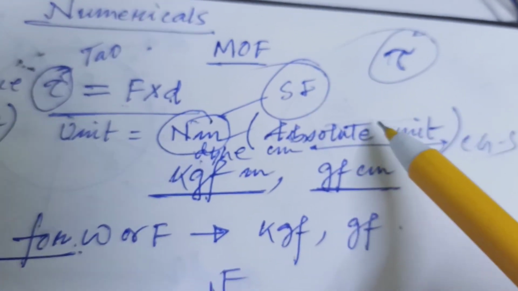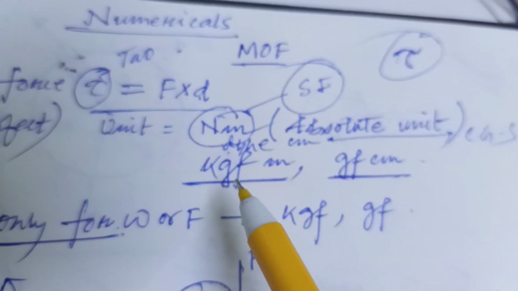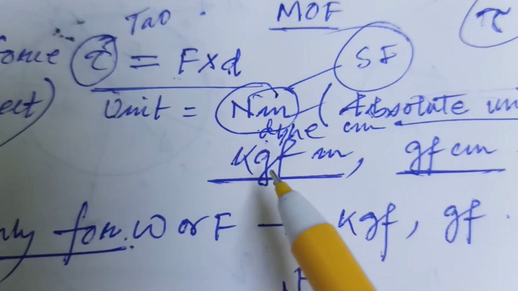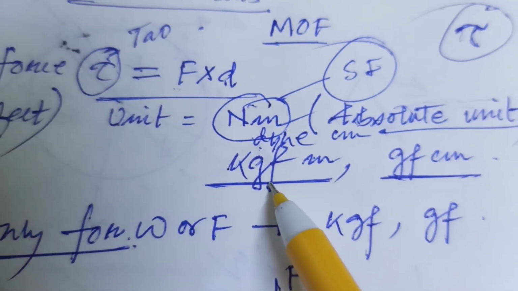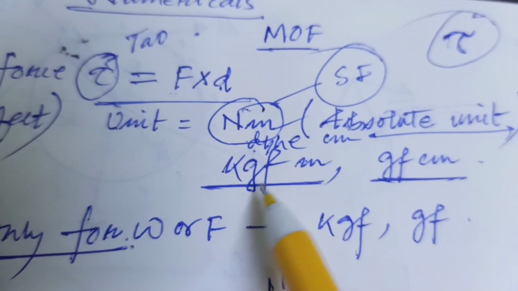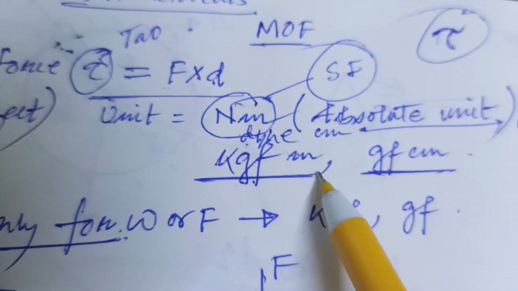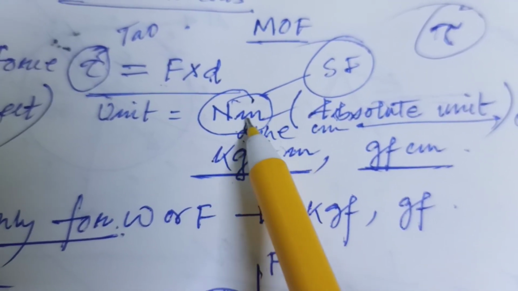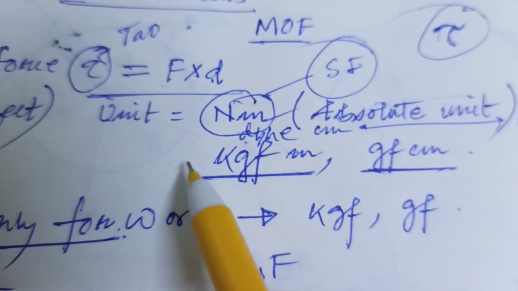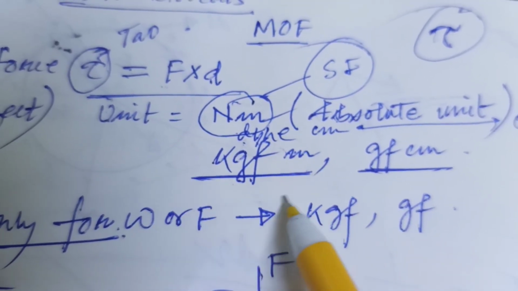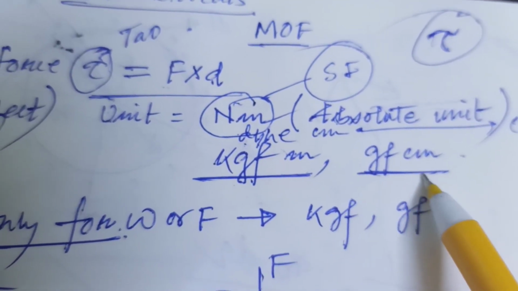These are the absolute units. If we take kg force into meter, kg force is a gravitational unit, so kg force into meter or gram force centimeter is the gravitational unit.